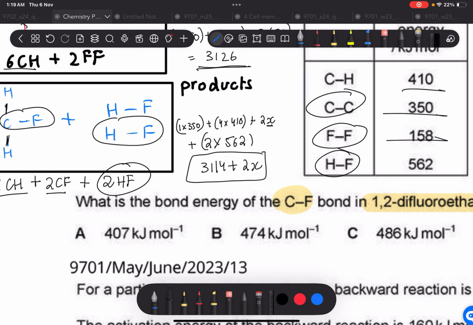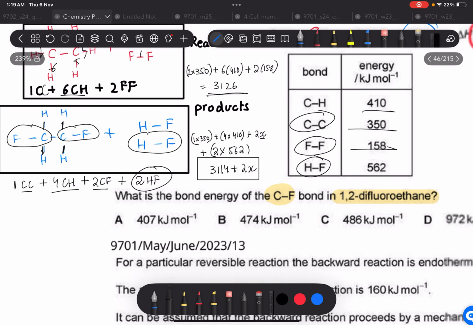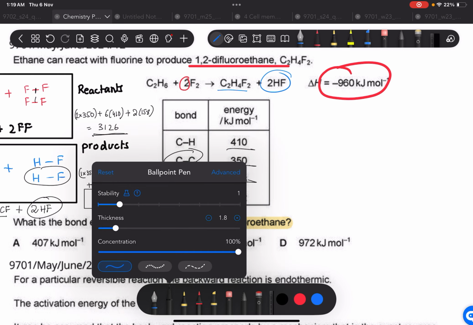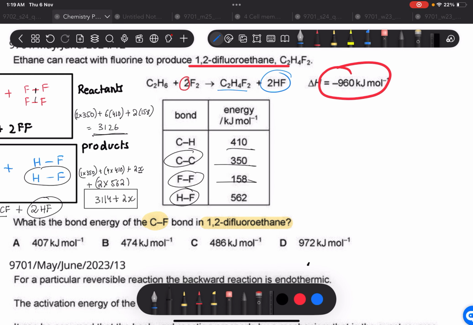So that's all the energy that's going to be released to make the bonds. Now you know what to do: energy given in minus energy taken out. The energy that was absorbed was 3126, and you subtract from it the energy that was released, 3114 plus 2x.